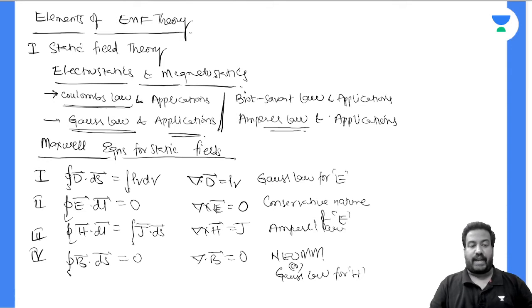Maxwell equations for static fields. Let us see how they are derived. Maxwell first equation is from Gauss law.